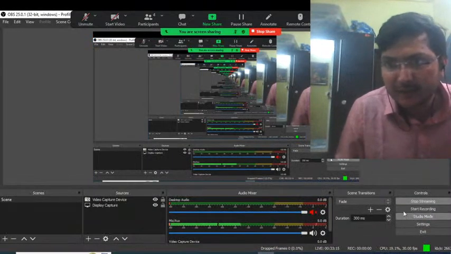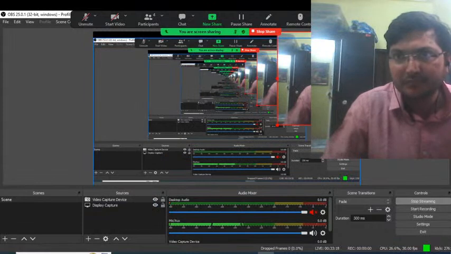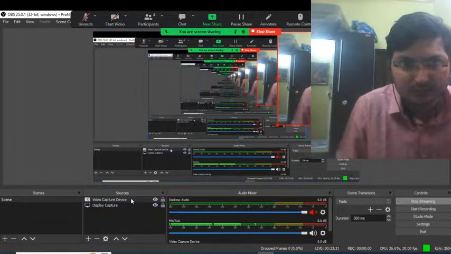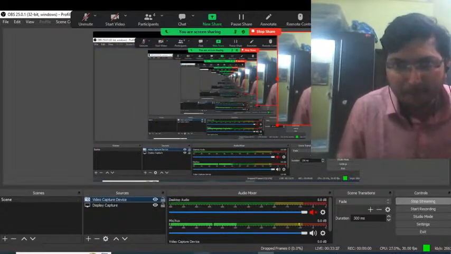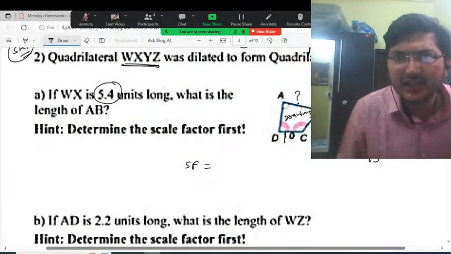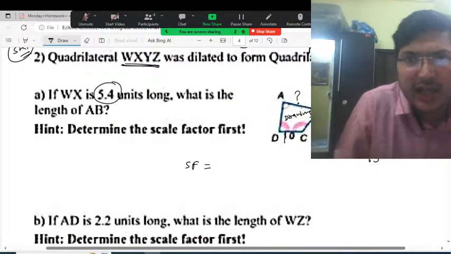this value first. Which value first? Drawing first, isn't it? And what is the drawing that you have? The drawing over here is ABCD.